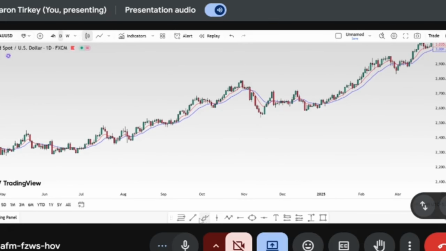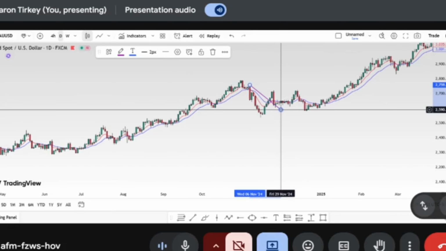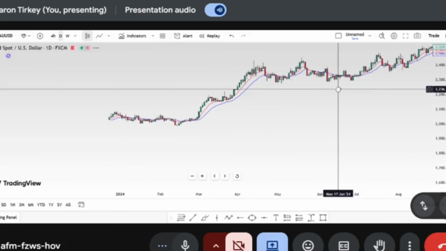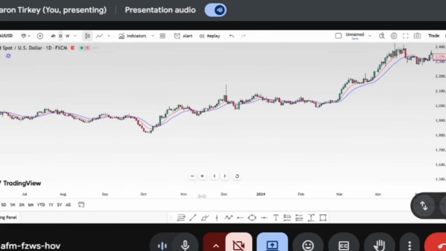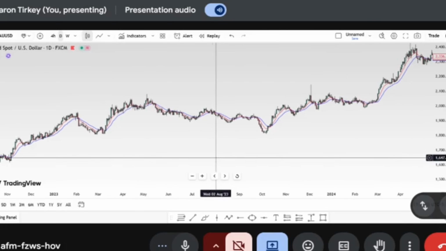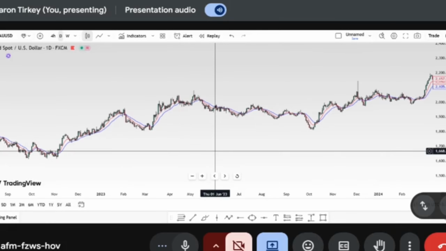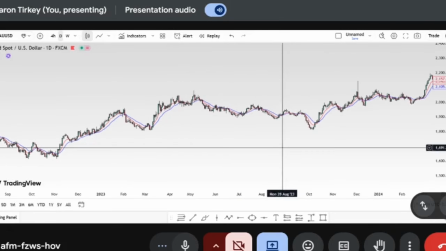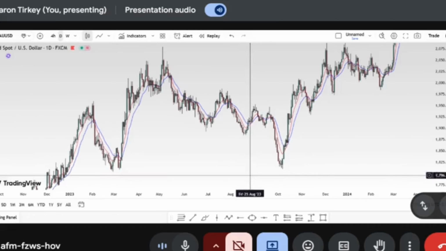This is also our trend line for downtrends, because here the EMA is crossing downside. This is our gold pair. Generally here the trend is up. Here is a downtrend.